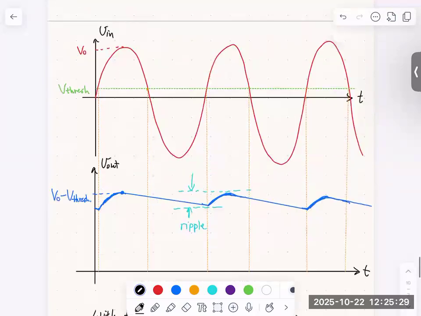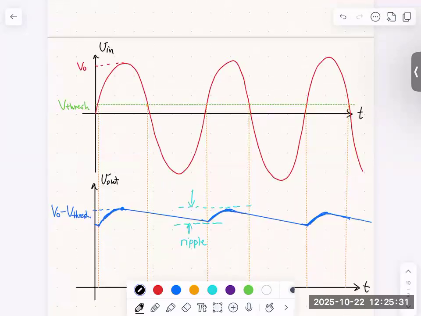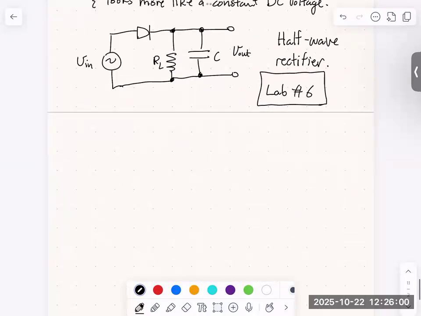And the effect is that the amount of time that the capacitor discharges is going to be reduced substantially because we don't have to wait for the positive part of the cycle to come back. We will be charging our capacitor both with the positive and negative parts of the cycle. And so that means our ripple factor will decrease because the discharging time will reduce significantly.